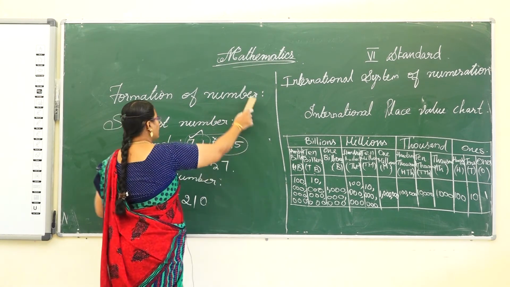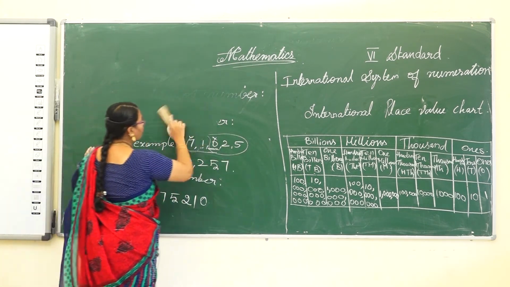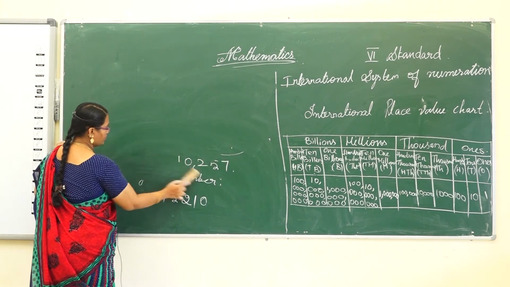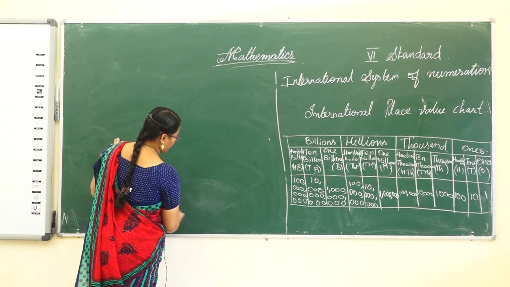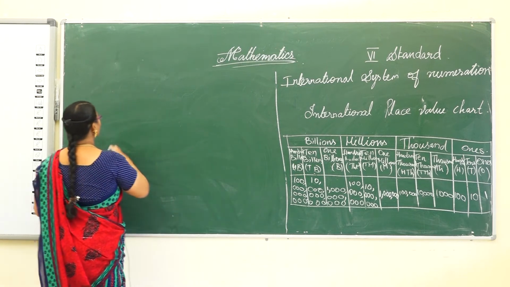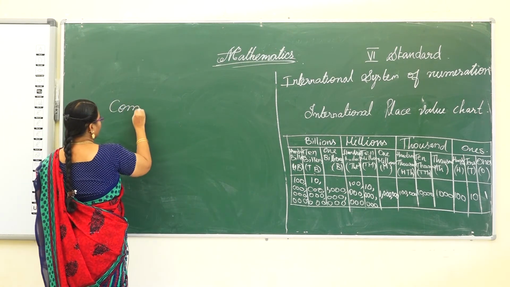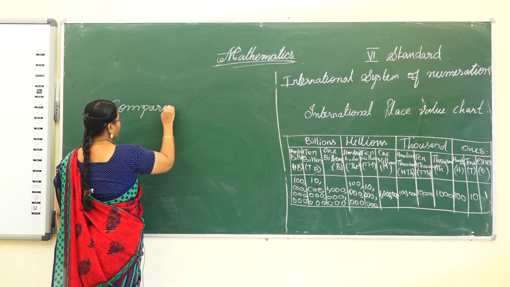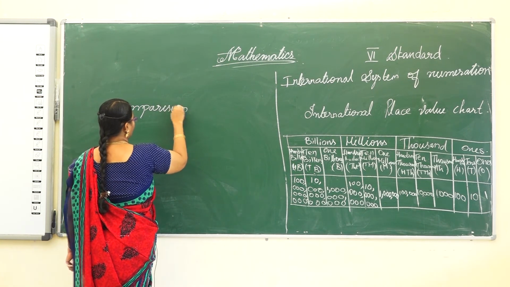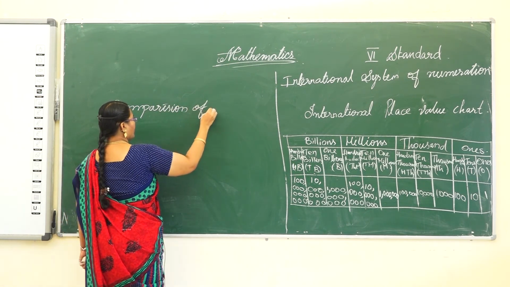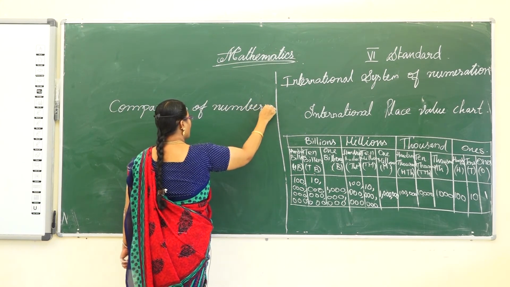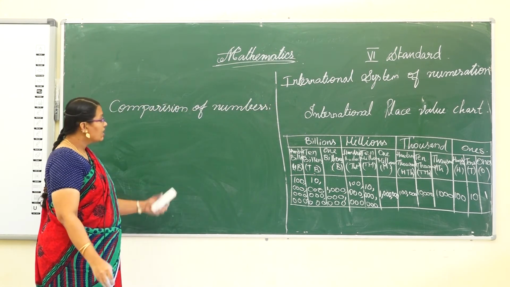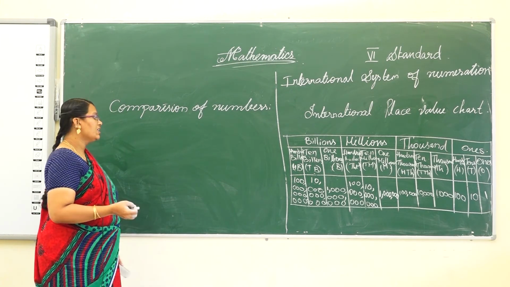Next one, comparison of numbers. Comparison of numbers means finding which one is the greatest or the smallest.